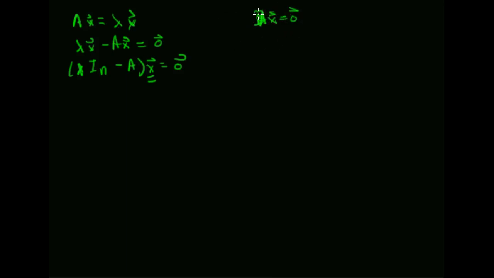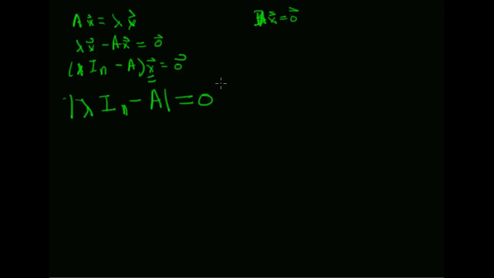If that eigenvector exists, this homogeneous system has to have a non-zero solution, which means, from all of these things that we've studied before, the determinant of lambda I minus A has to equal 0, because it means that I have non-zero solutions, which means that the matrix is not invertible, which means its determinant must be 0.